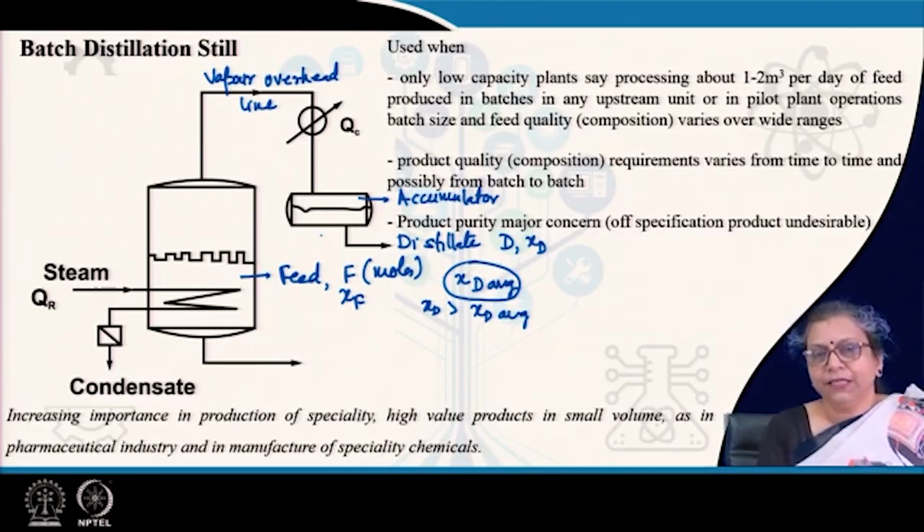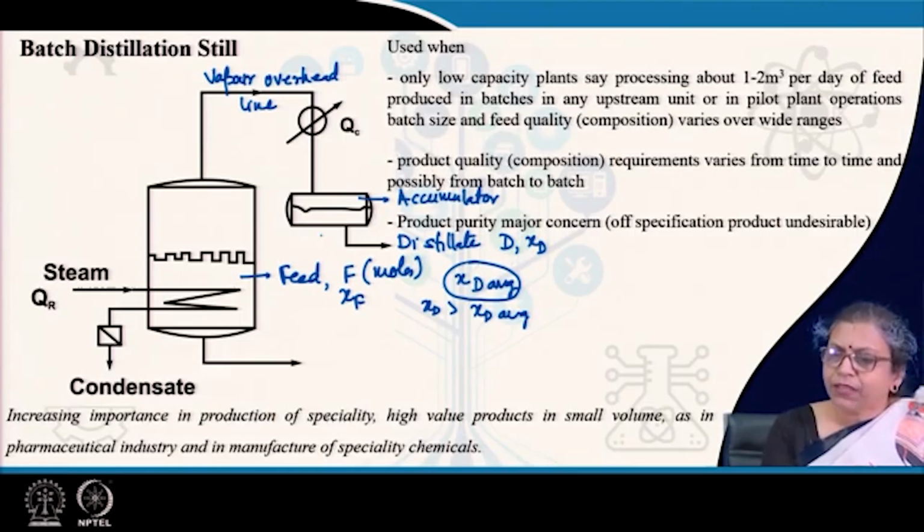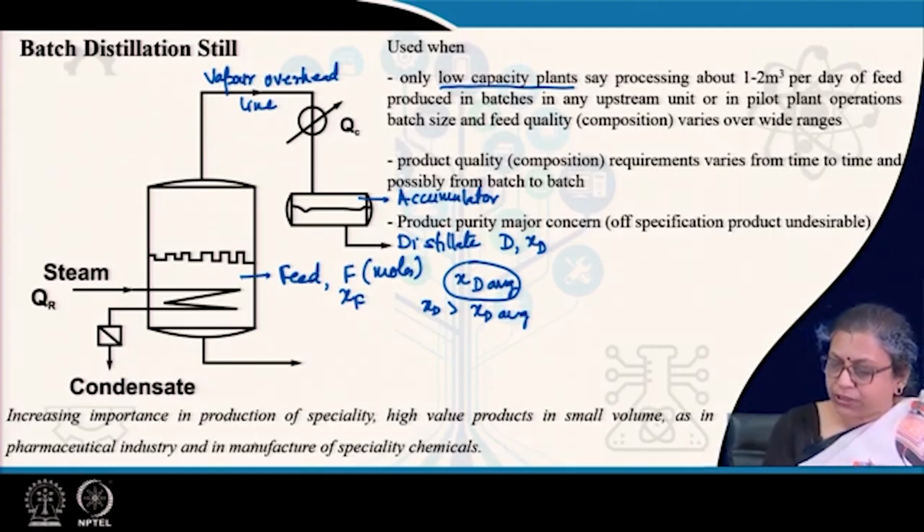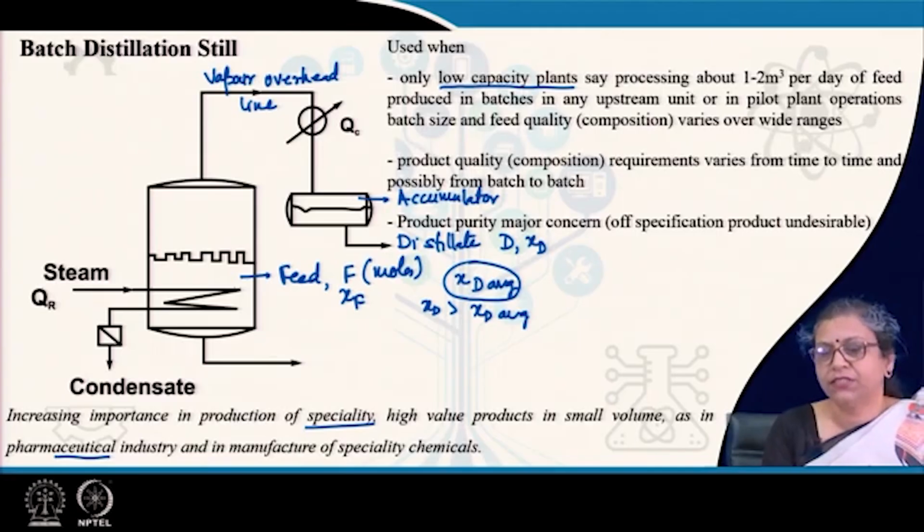But gradually the need is increasing, particularly with the importance of low capacity plants now, especially in the production of pharmaceuticals, high specialty chemicals and food industries, etc. So now more and more batch distillation operations are being performed in industries. There are certain things you have to remember: batch distillation will be opted for only in low capacity plants, otherwise it becomes uneconomical.